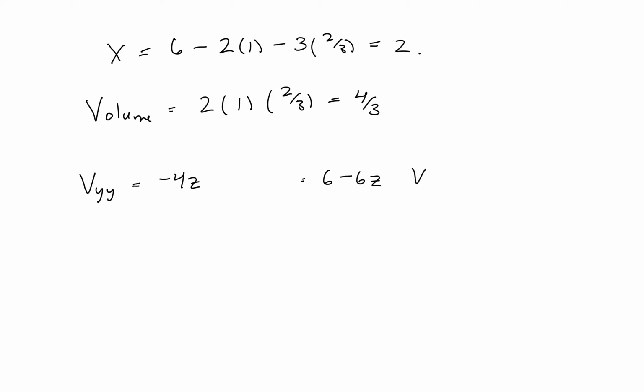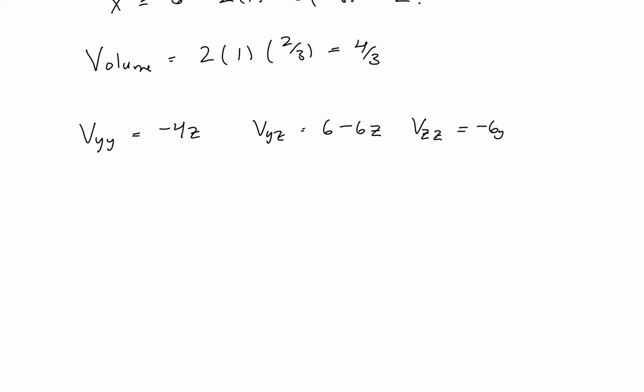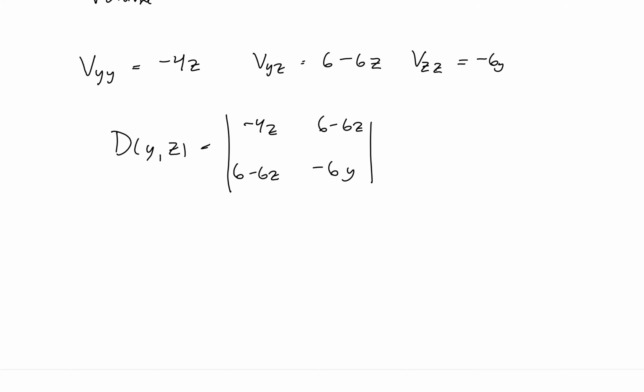This is V_yz. So the derivative of V_y with respect to z is 6 minus 4y minus 6z, minus 4z, which gives 24yz minus (6 minus 6z) squared.